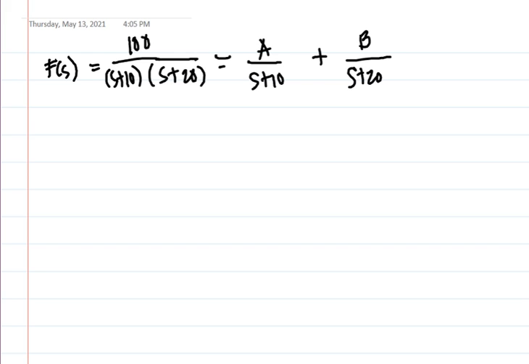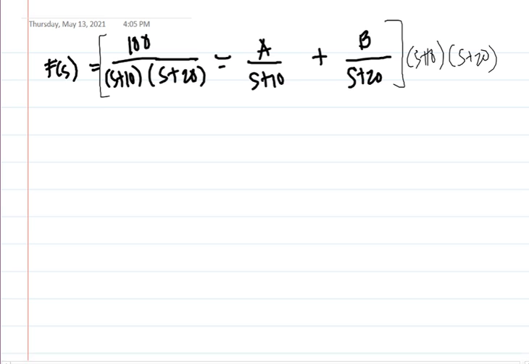Then we apply our Laplace transform. Applying the theorem of Laplace transform, we can use the traditional technique of equating coefficients, wherein we multiply by the denominator, which is s plus 10 and s plus 20.